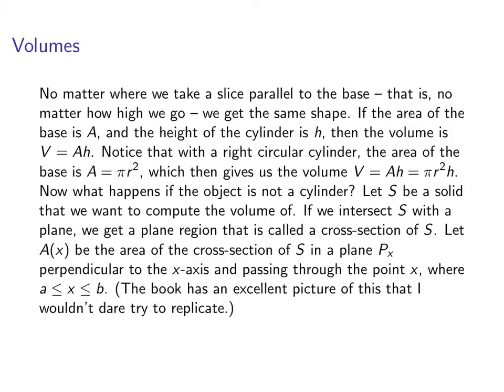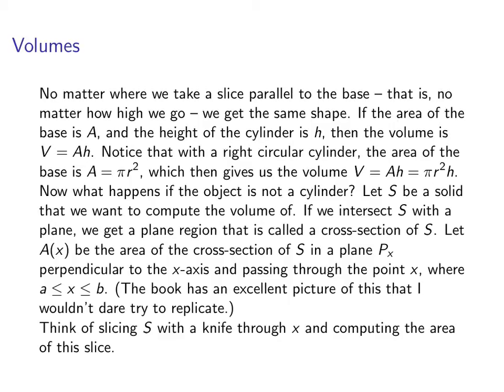Now the book has a really good picture of this that I'm not going to try to replicate. You have to imagine a situation where you don't have a cylinder, you have some other type of object, you slice through it, and depending on where you slice it, the area of that cross-section is A of x. So we think of slicing this with a knife through x and computing the area of this slice.